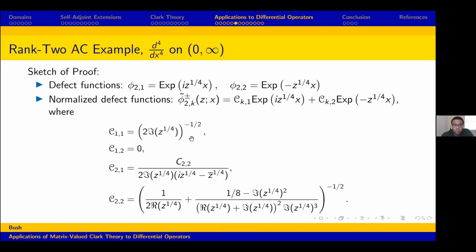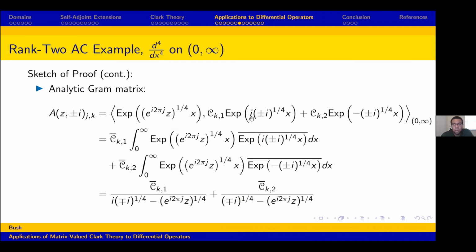And again, the way we arrive at them is by starting with the defect functions. This time there's 2 of them because this is a rank 2 problem. Then you have to orthonormalize them with respect to having plus or minus i in mind. Then you take an inner product a bunch of times to get the elements of the Gram matrix.